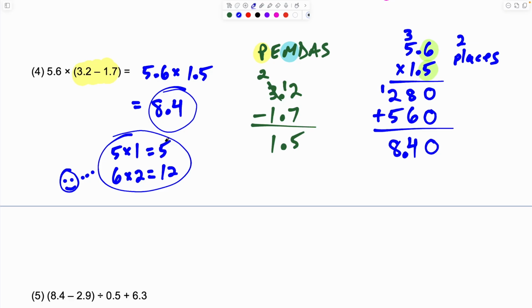I know that our answer has to be between 5 and 12. So that's why 8.4 is the only reasonable choice here for where to place the decimal, because any other placement of the decimal would result in a number that's not between 5 and 12. These are just little mental checks you could do to check to see if your answer is reasonable. So our solution to 4 is 8.4.